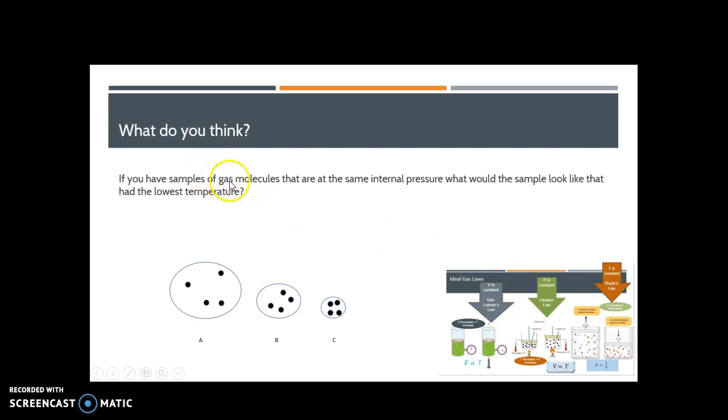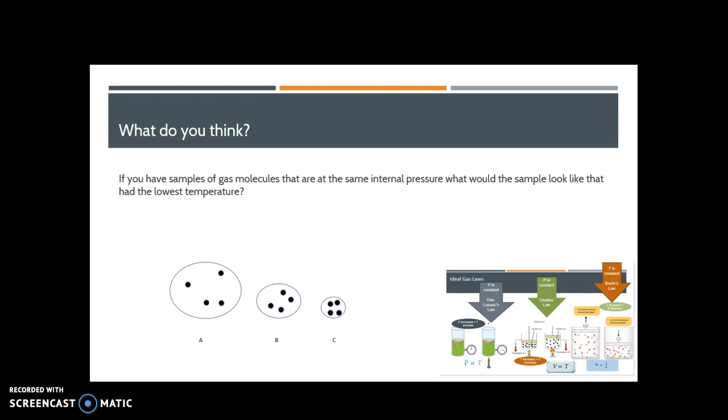So if you have a sample of gas molecules that are at the same internal pressure, that's the key, same internal pressure, what would the sample look like with the lowest temperature? So you're going to go to Boyle's Law here. Pressure is constant. So if the temperature is low, what does that tell us about the volume? Think about the energy. When things are closer together, they usually have less energy, and energy is related to temperature.